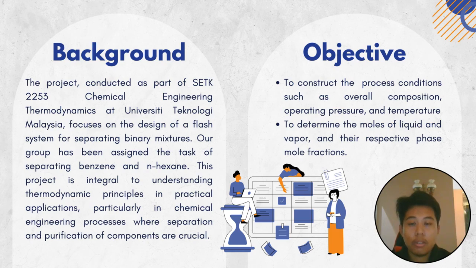One of them is to construct the process conditions such as the overall composition and the operating temperature and pressure. The other objective is to determine the number of moles of liquid and vapor and their respective phase mole fractions of both n-Hexane and benzene.